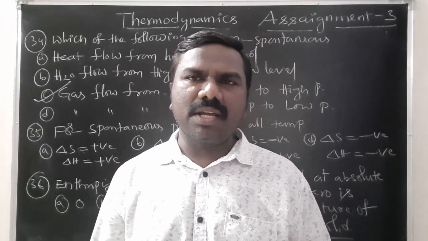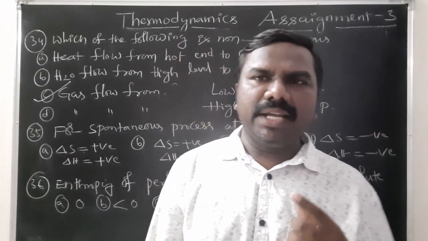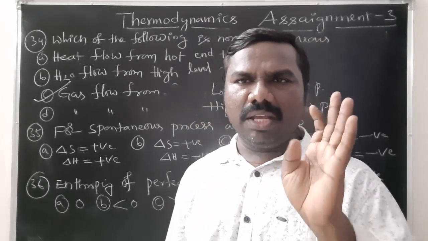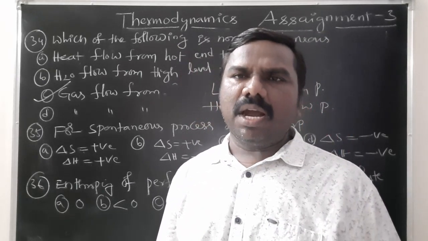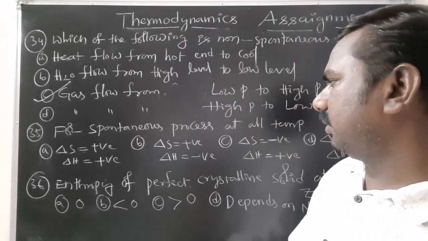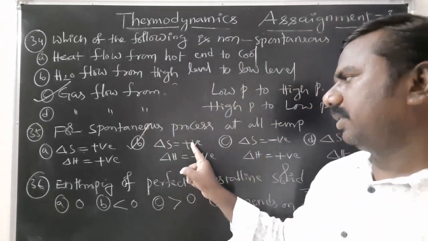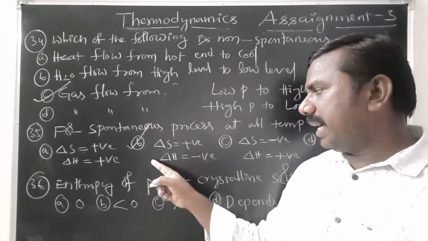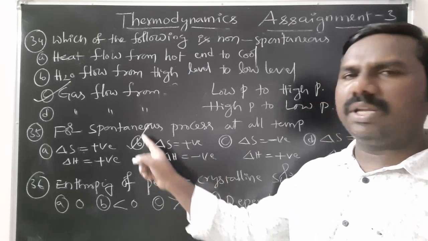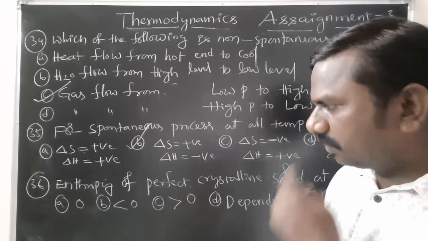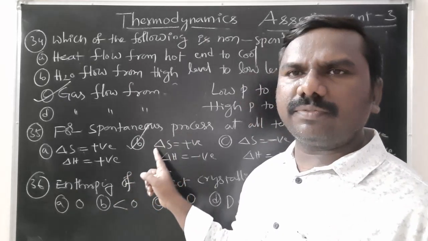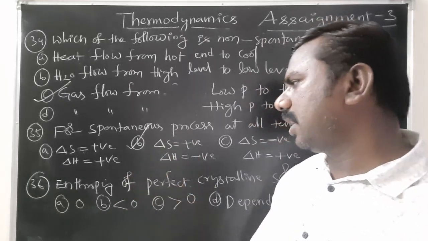Disorder increases, delta S positive, and delta H must be negative. All exothermic reactions, and entropy is positive. Disorder more, and it should be an exothermic reaction. Delta H is negative, then only it is a spontaneous reaction. Few exceptions are there. Majority of the reactions follow this condition only.